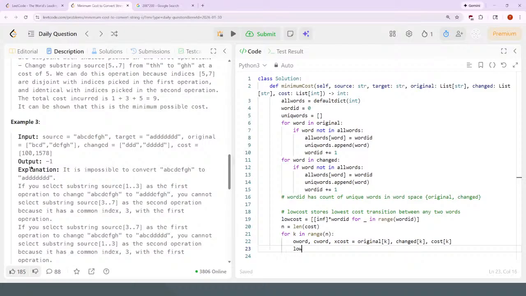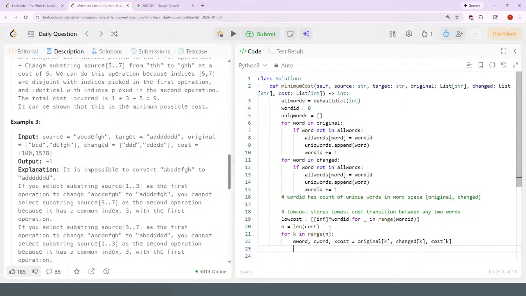And then it will be low cost, get the indices into the transition matrix. I think it's using the dictionary to get the index, right?